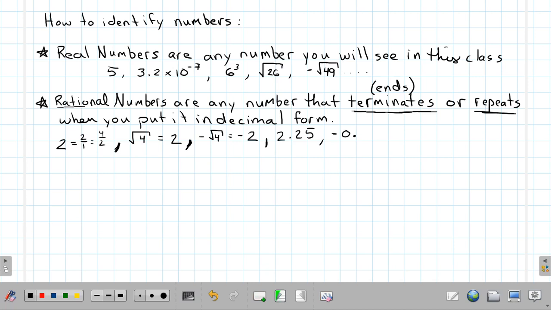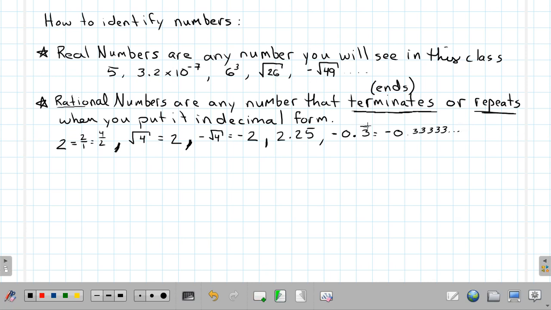Negative 0.3 repeating, okay? This is actually a rational number because what this means is we have negative 0.3333 and so on and so on, okay? That's what this bar across the 3 means.